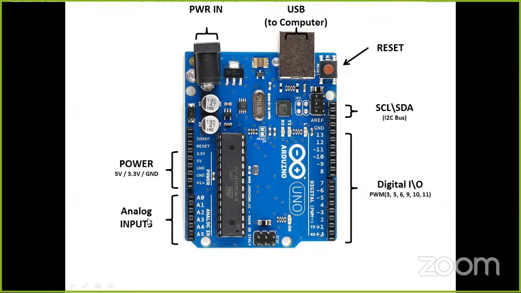And these are the power pins: you can power this board using these pins, and you can get output power also, like 5 volt, 3 volt, and ground. You can give power using a battery through this connector also. This one is for programming using USB, and this one is the reset button. So that is about the Arduino Uno development board.